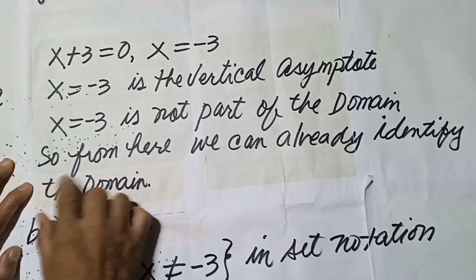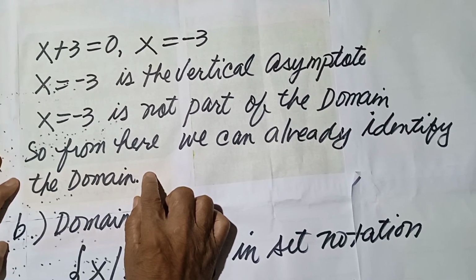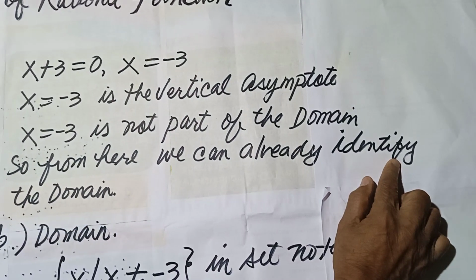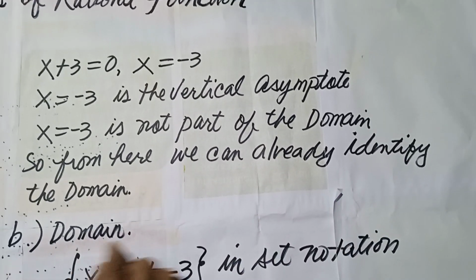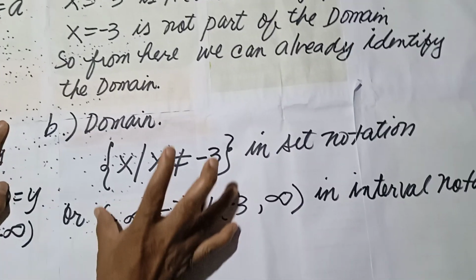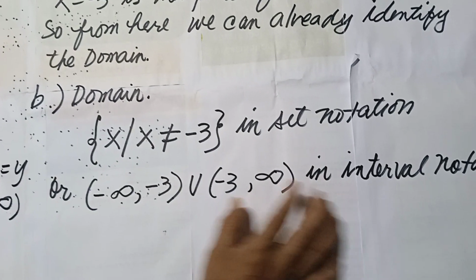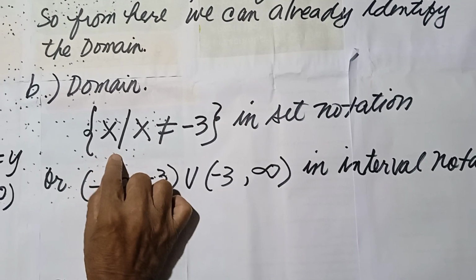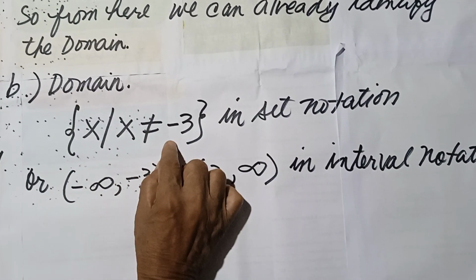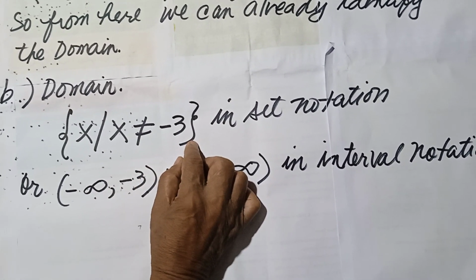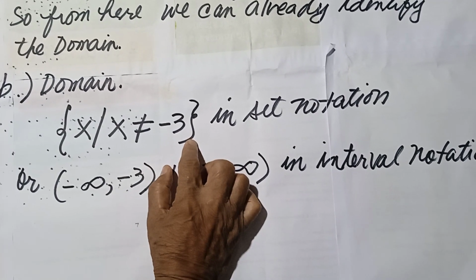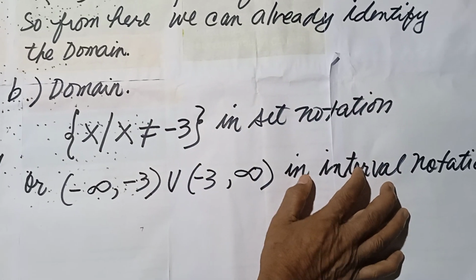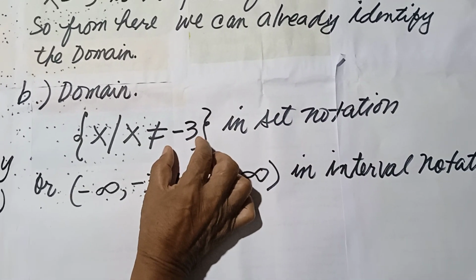So from here, we can already identify the domain. In set notation, the domain are all x such that x is not equal to negative 3, because the domain are all x except negative 3.